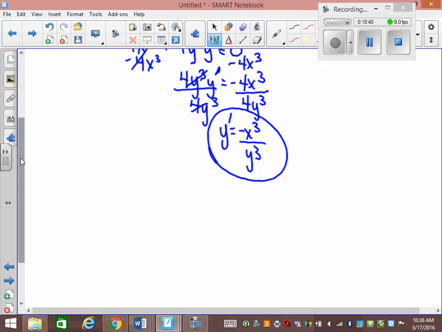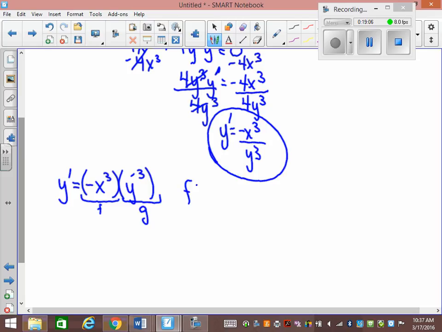Let's do product rule. So y prime equals negative x cubed times y to the negative 3. I just brought the y up, made it negative. This is f. This is g.